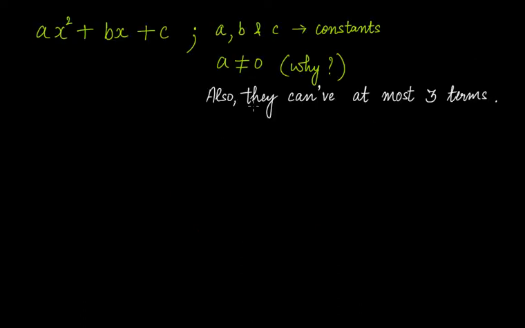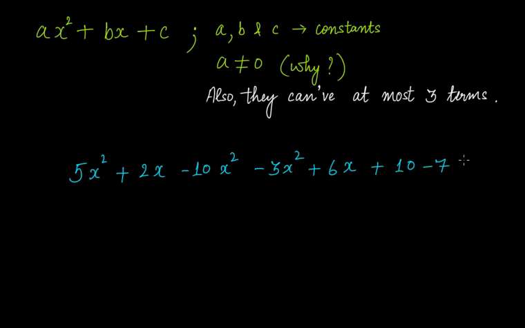And the last thing is, they can have at most 3 terms, not more than 3 terms, and that makes sense, because it is ax squared, right? So let's say that someone says, hey, we have a polynomial which is of the form 5x squared plus 2x minus 10x squared minus 3x squared plus 6x plus 10 minus 7 plus 8.